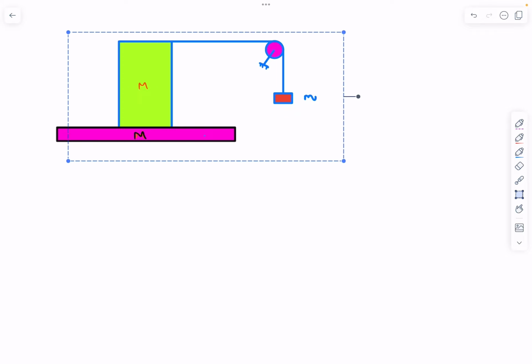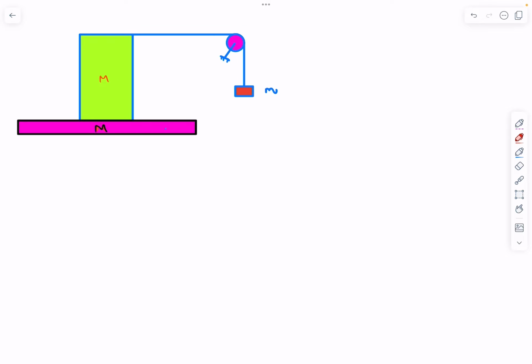Whenever we have a toppling versus slipping question, firstly we'll assume that only one of the phenomena happens. So first we'll assume that the block does not topple. Keeping this assumption in mind, we'll solve for the value of m at which slipping will start.